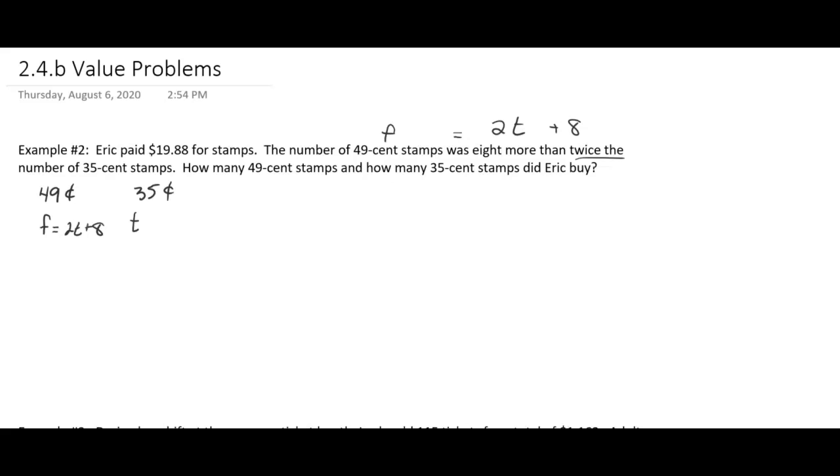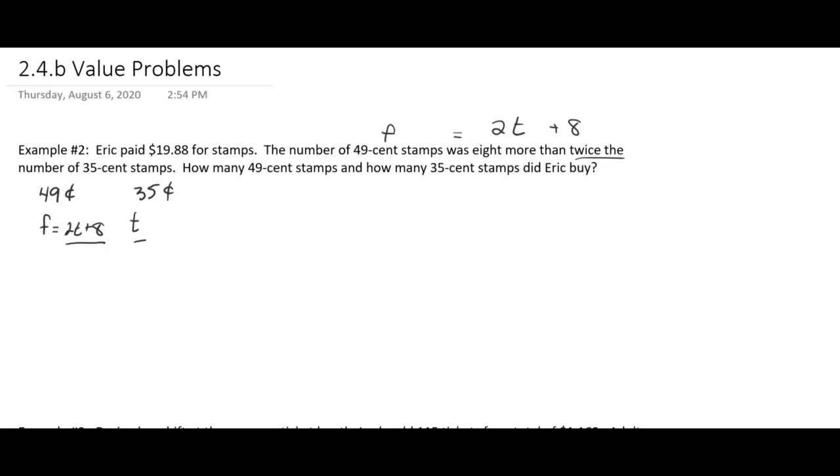I know how many 35-cent stamps I have, T, and I know how many 49-cent stamps I have, 2T plus 8. Now 49-cent stamps cost 49 cents. You can either go with a decimal here, or you can go in terms of pennies.